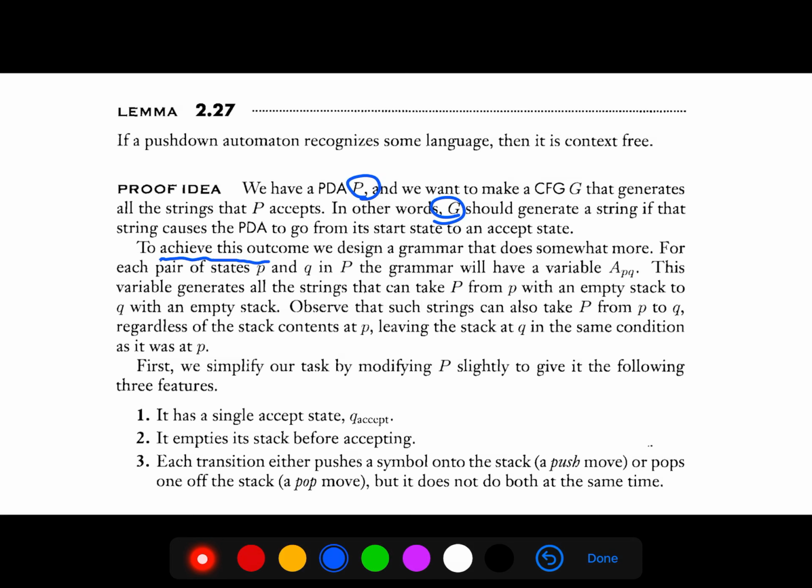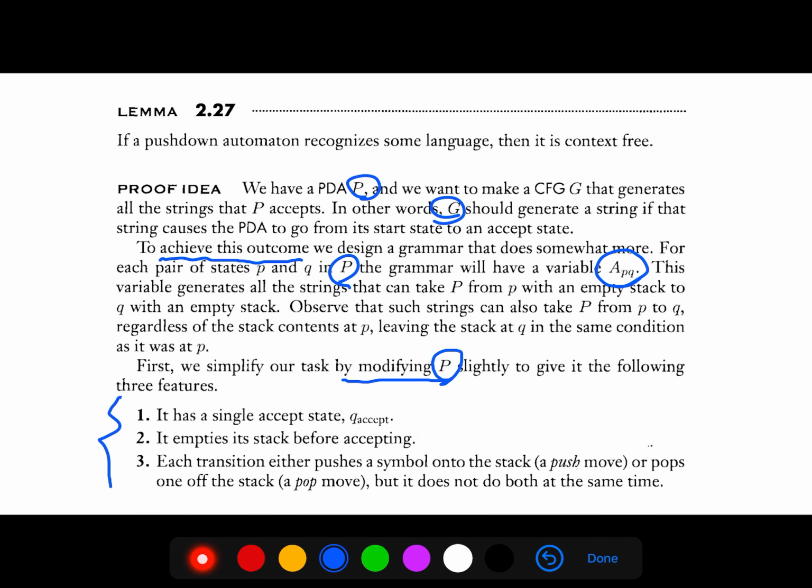To achieve this outcome, we design a grammar that does somewhat more. For each pair of states P and Q in your push-down automaton, the grammar will have a variable APQ. So we simplify our task by modifying our push-down automaton to give it the following three features.